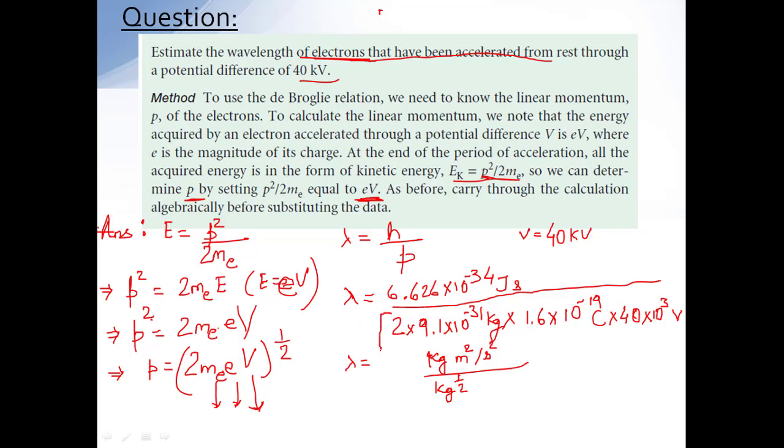Obviously this whole thing is under root, raised to the power of half, and this will become coulomb volt. 1 coulomb volt equals 1 joule. This is again a new interconversion that you should know.